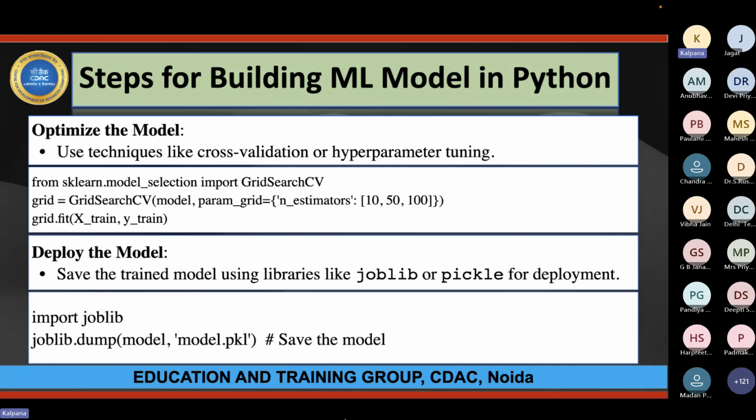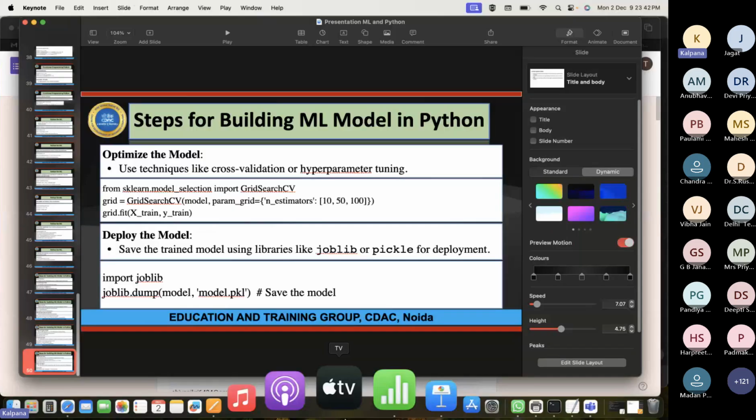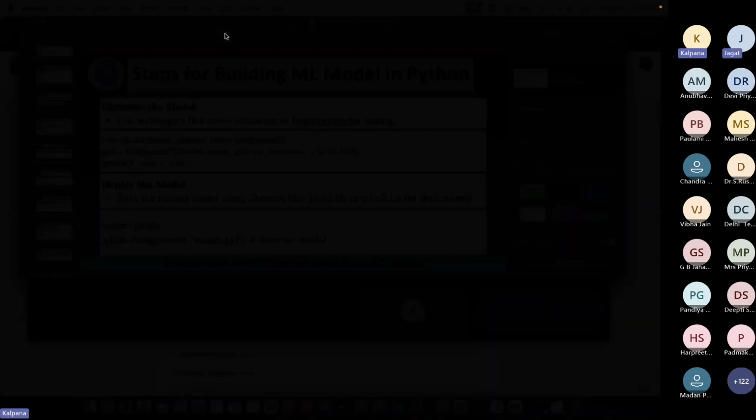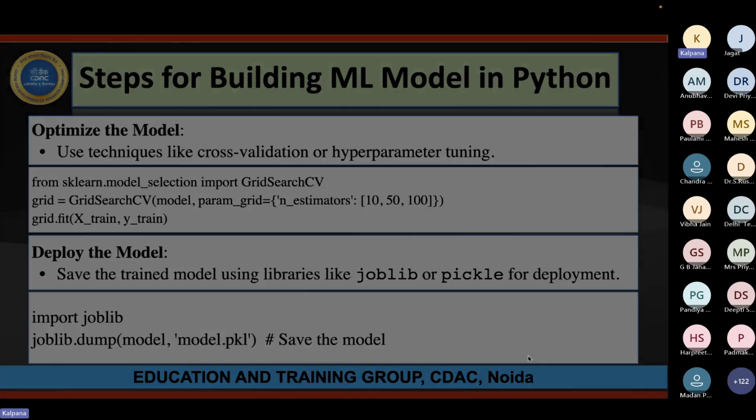It is the pickle file which gets created. So these are the steps which are generally followed for building the machine learning model. I hope to some extent the overview of these things is clear to all of you. And I think I should stop over here.